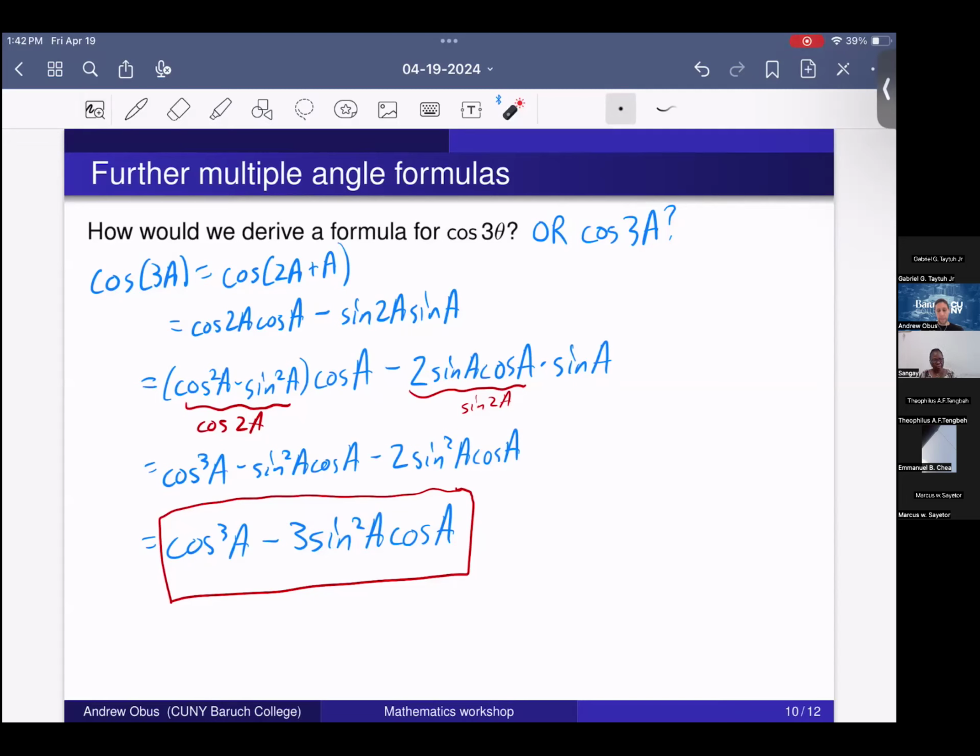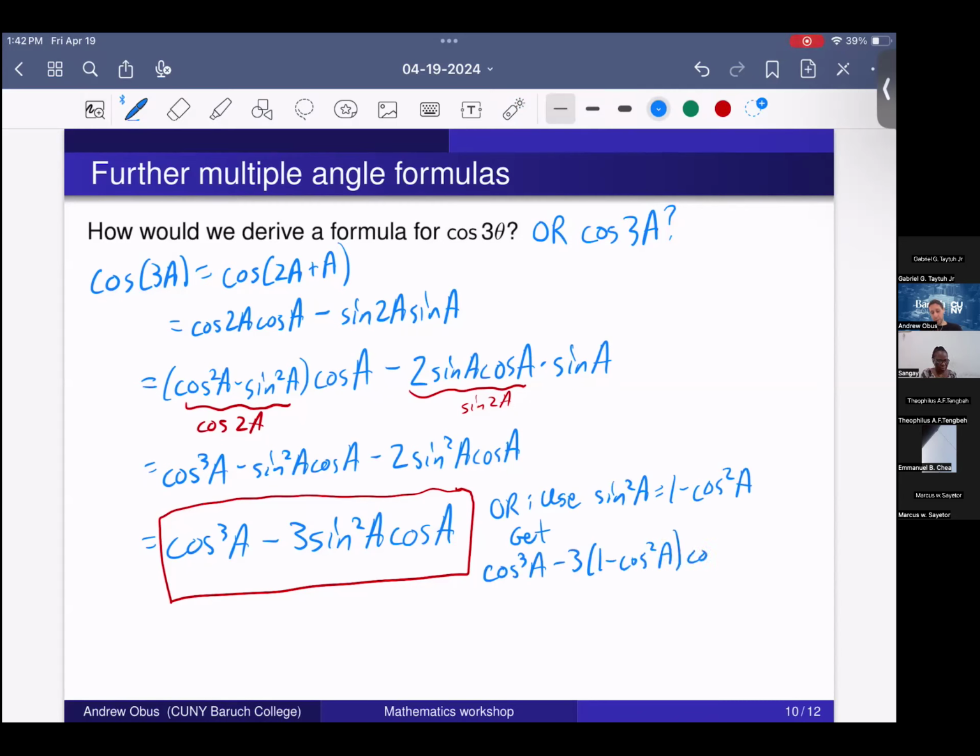Okay, we have 2 minutes. Let me do this. If I use that sine squared a equals 1 minus cosine squared a, this Pythagorean theorem, then we get cosine cubed a minus 3, 1 minus cosine squared a, cosine a. I'm just using this as a substitute for sine squared a.